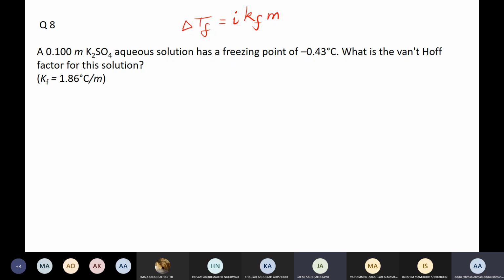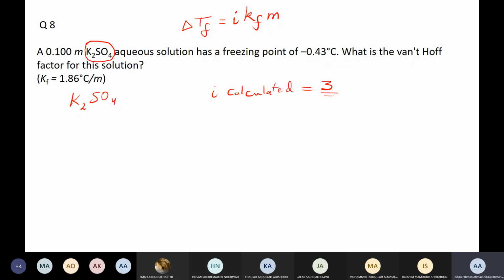Good. Okay. Before I do anything, this is the solution that we're talking about, K2SO4. What is i calculated? 3. Exactly, equal to 3.